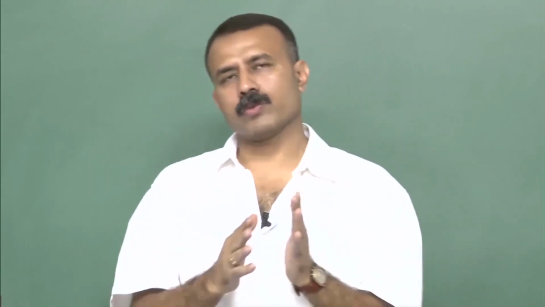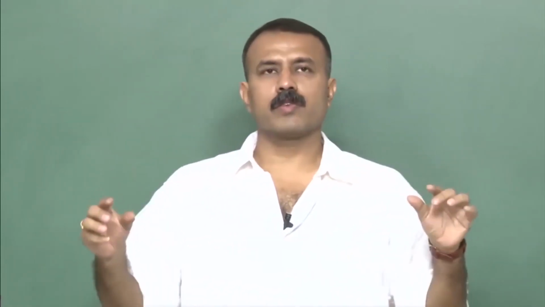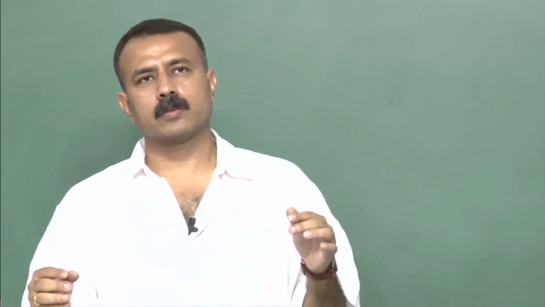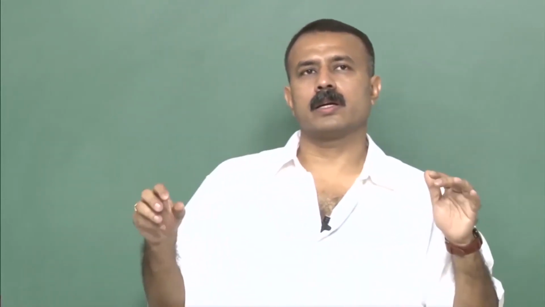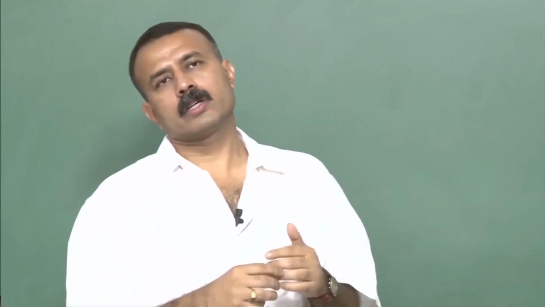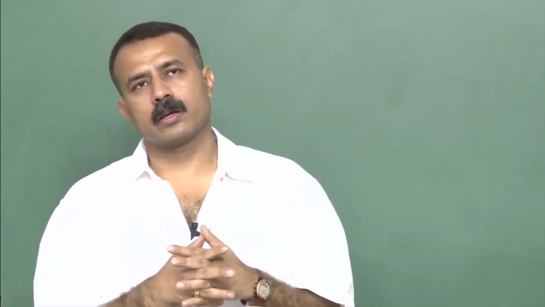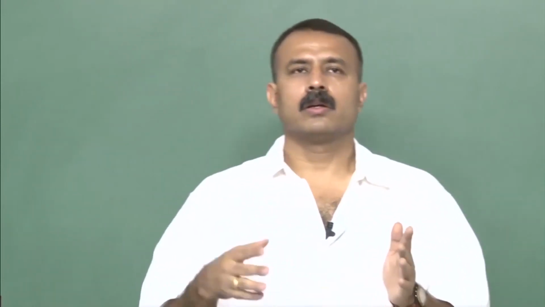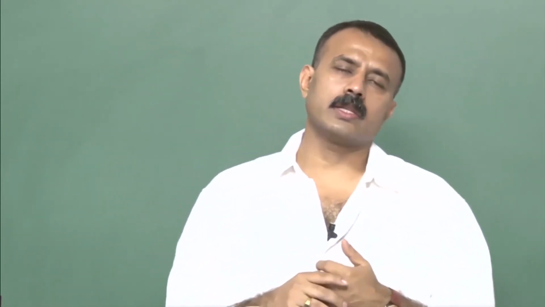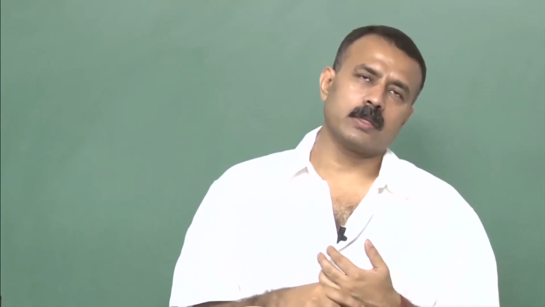So, this is the first class where we talked about, let us summarize, the classification of the different blood cells, red blood cells, white blood cells, platelets, and their functions: red blood cells as oxygen carriers, white blood cells in immunity, and platelets in blood clotting.